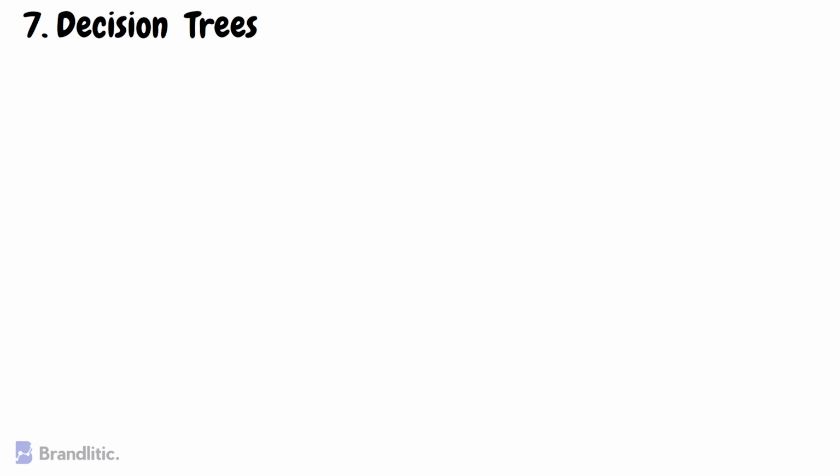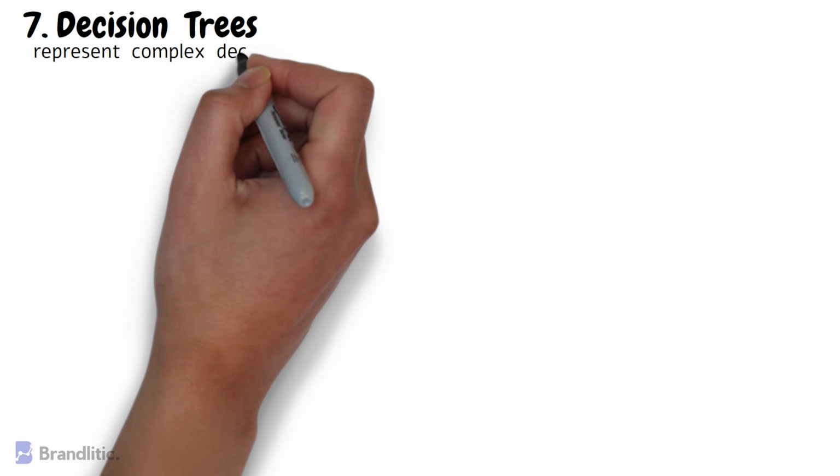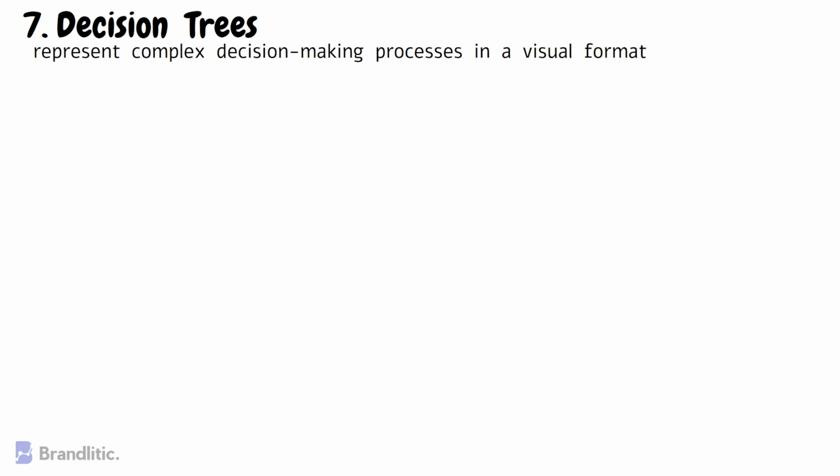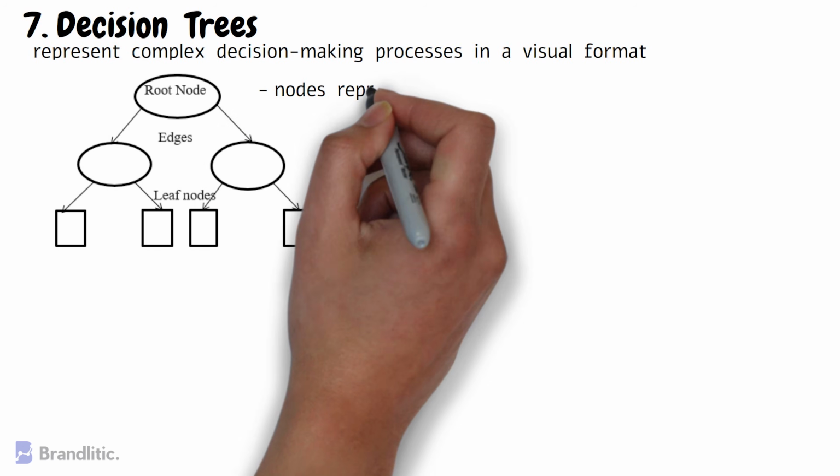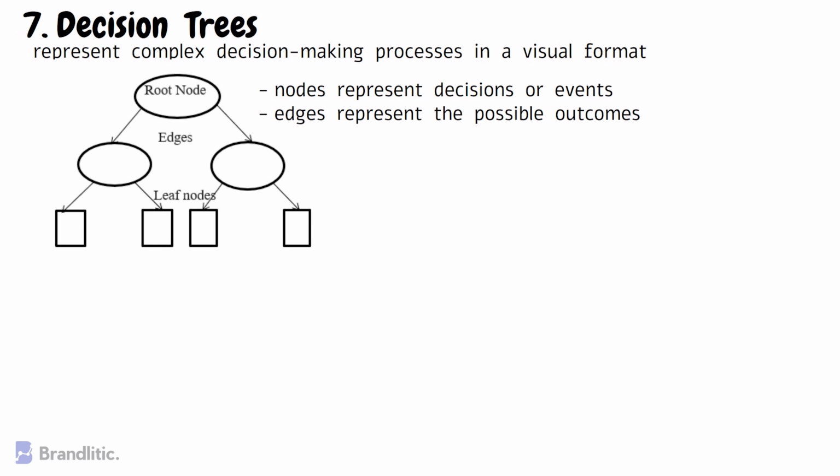Now, decision trees are a technique used to represent complex decision-making processes in a visual format. Here, we analyze data by constructing a tree-like model of decisions and their possible consequences. A decision tree consists of nodes and edges, where nodes represent decisions or events and edges represent the possible outcomes or consequences of those decisions.